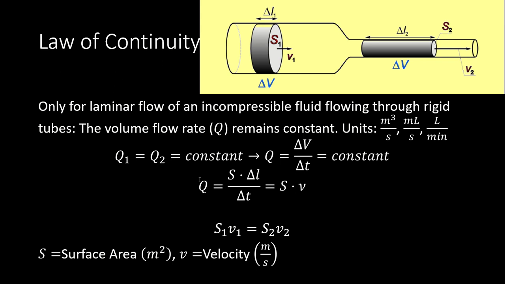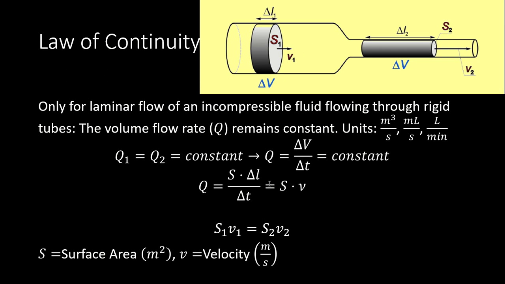Now, another way of looking at Q is the combination of S times delta L over delta T, which is the surface area in square meters times the change in length of that volume, or the linear length of that volume. We can think of it as the height of a cylinder, divided by the time it takes for that volume chunk to flow.